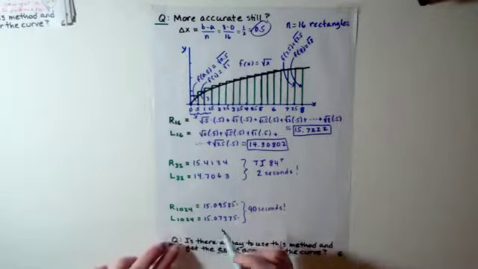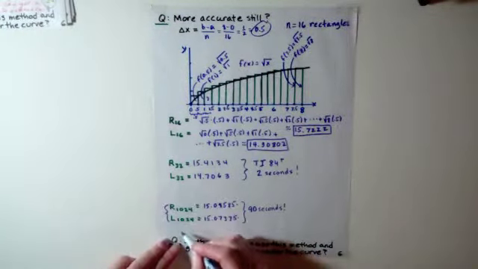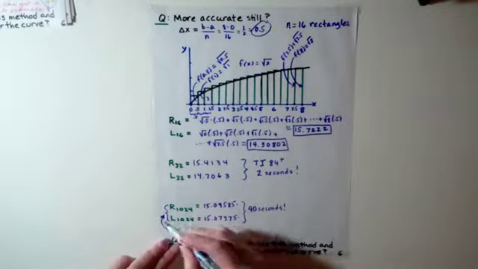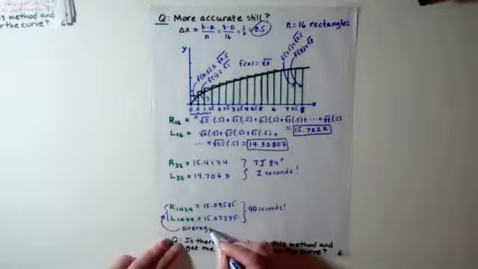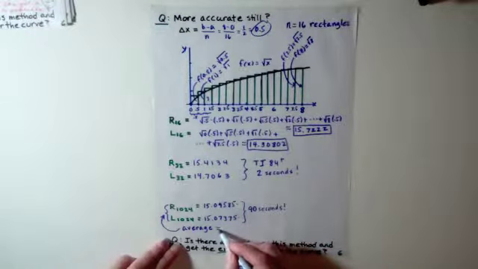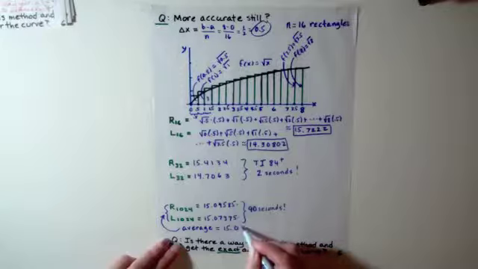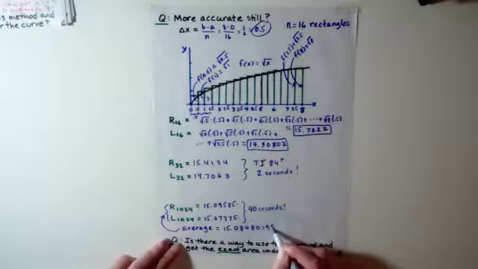If you were to average these two together, you get a very accurate estimate for the true green area under the curve. And the average, which would be the same as using the trapezoidal rule, the average of these two turns out to be 15.0848098.